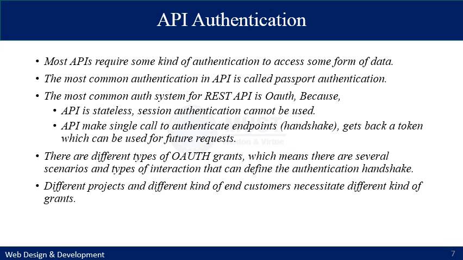The API makes a single call to authenticate endpoints, referred to as a handshake, and gets back a token which can be used for future requests. So there are different types of authentication grants, which means there are several scenarios and types of interaction that can define the authentication handshake. Different projects and different kinds of end customers necessitate different kinds of grants as well.